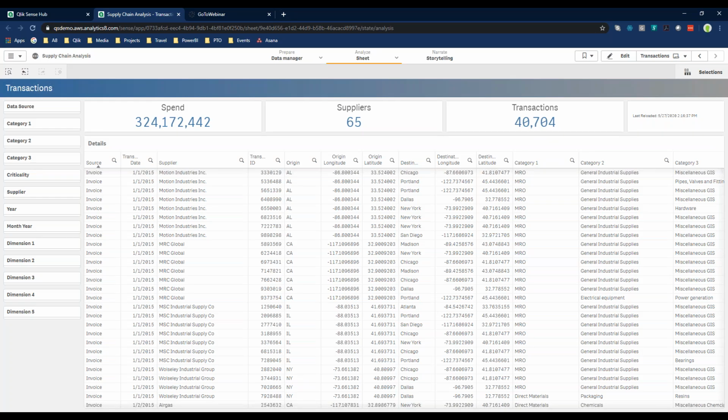Right? So that's the application at its highest level. It really is a pared down application with not too many bells and whistles, not too many complications, that serves the purpose of helping you with those disruptions within the supply chain area.